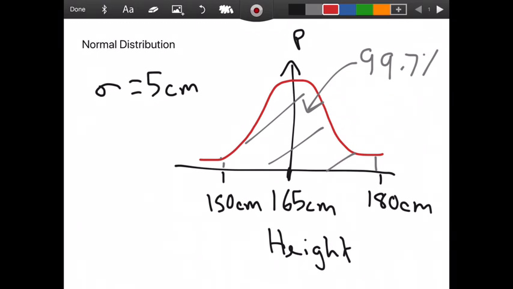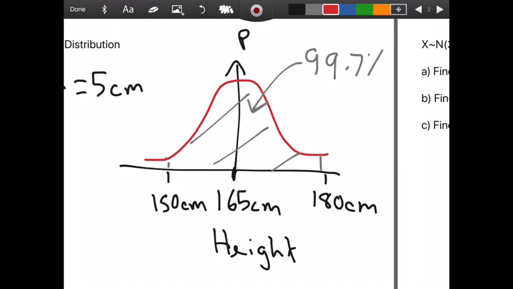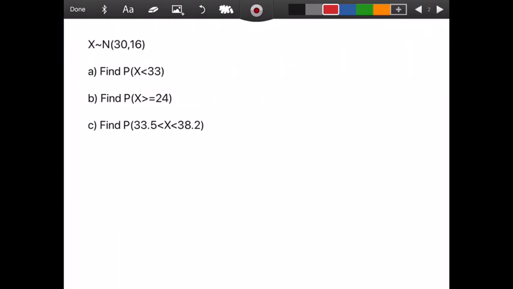So if you're interested in the formula, it sort of has an e to the minus x squared term, which is why you end up with this sort of exponential shape on either side, and then a big peak in the middle. So we need to be able to find probabilities. The easiest way to do that is to use our calculators.